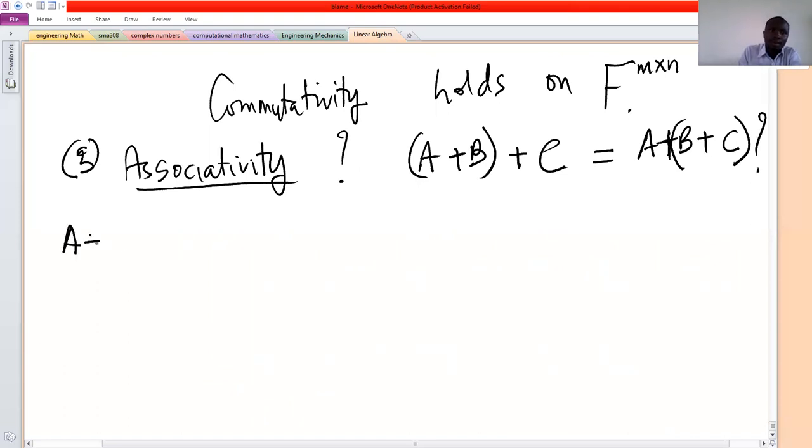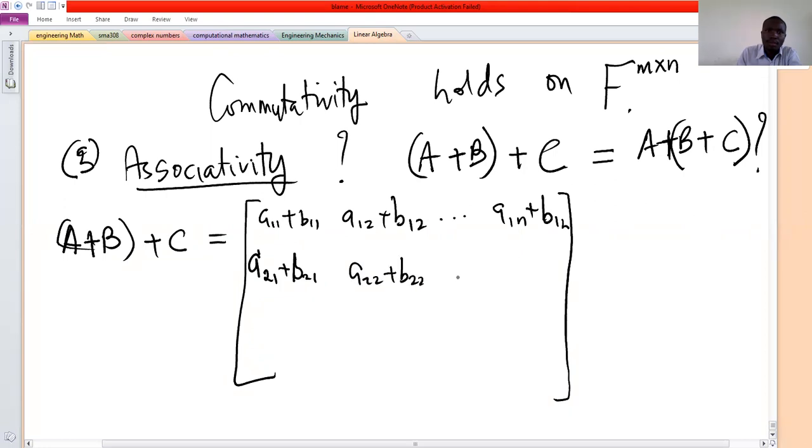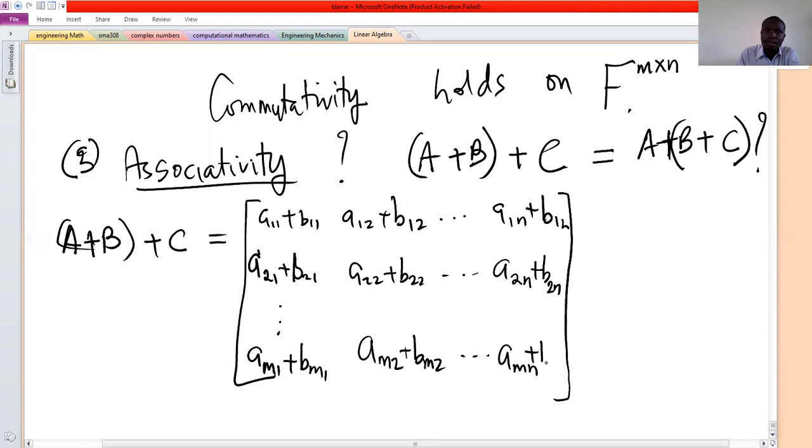Now, if you start with A plus B plus C, then we have A11 plus B11, A12 plus B12, up to A1n plus B1n, and then A21 plus B21, A22 plus B22, A2n plus B2n, all the way up to Am1 plus Bm1, Am2 plus Bm2, up to Amn plus Bmn. And then we add the matrix C.